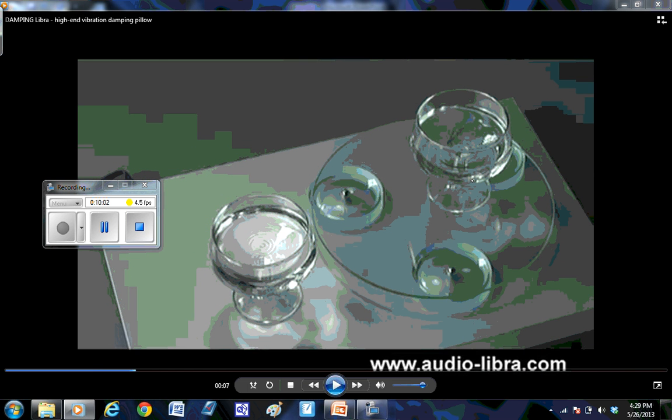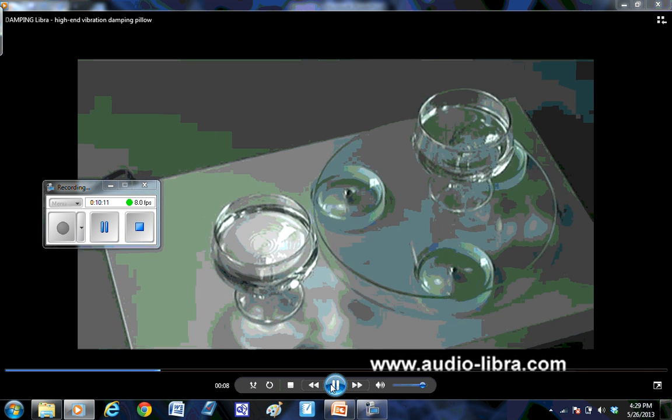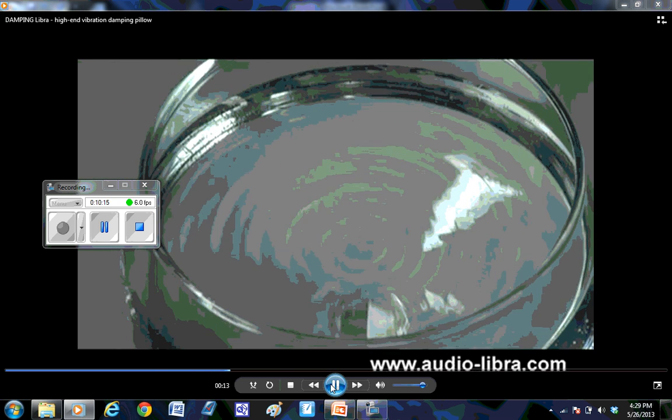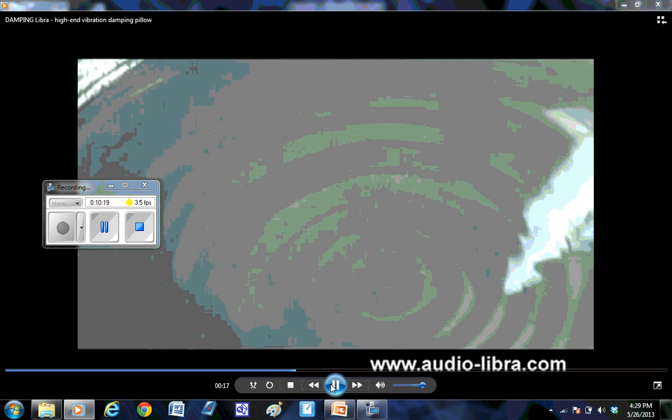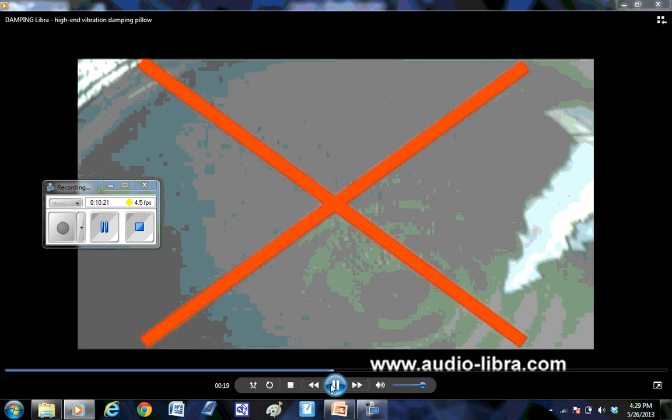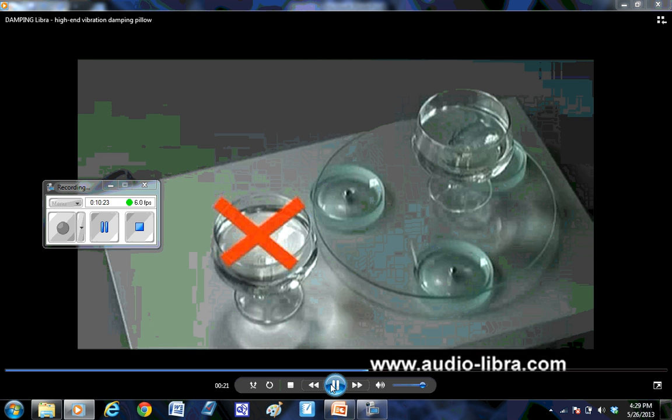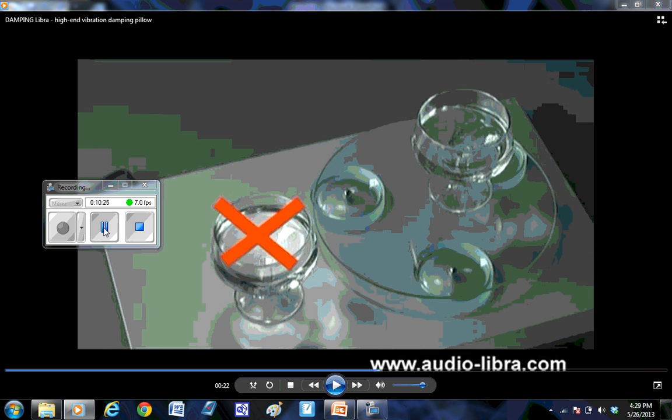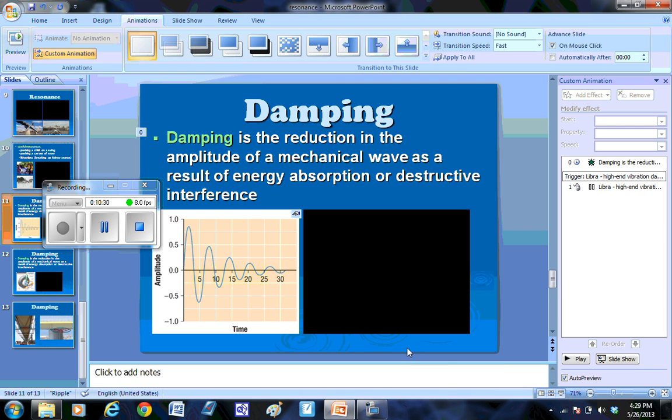Meanwhile, on the other side, you can see there's a glass that's on top of the special energy absorbing, damping material, that's not even moving a little bit. So again, lots of practical applications of this. Okay, now getting back to the video.